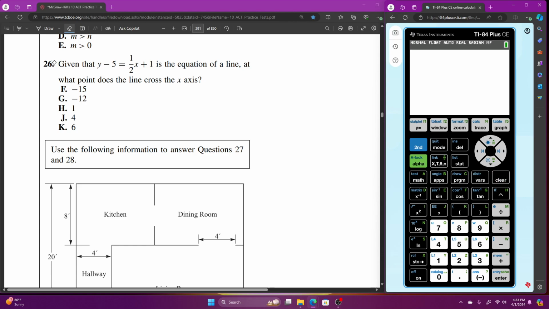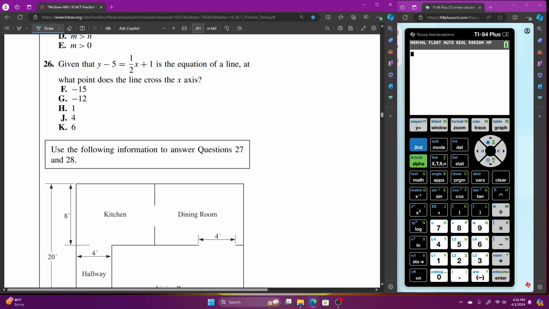I sure am noticing that a lot of times on this ACT practice test, we're having to isolate our y. If that's not something that you have down and you're having to wait for me every time when we're isolating the y, I recommend that you look on IXL or you Google some practice for isolating the y variable.